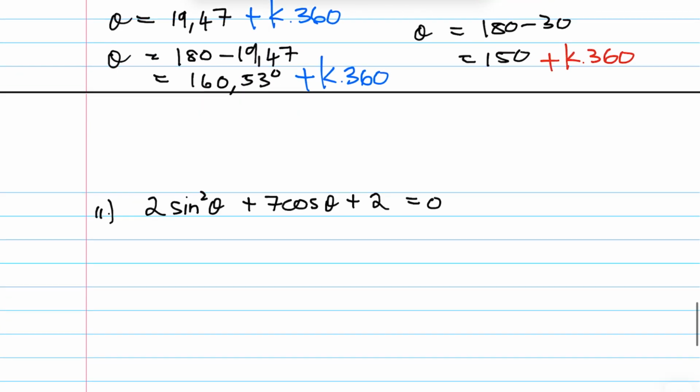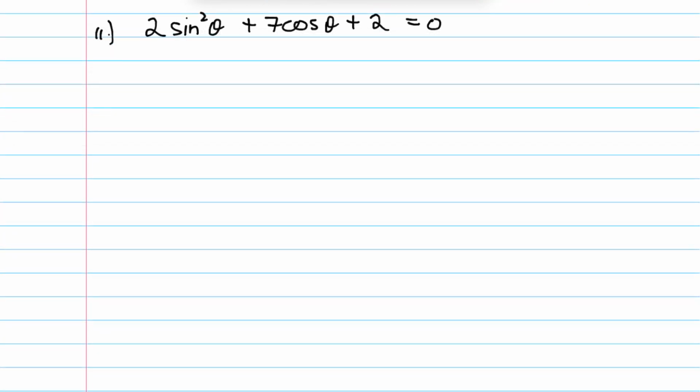Cool, done. For question number 11, we have a quadratic trigonometric equation, but we have different functions. The sine squared theta is, well, that's a sine, and then we have the cos theta. And to convert them into the same function, we have to make use of the identity that sine squared theta plus cos squared theta is equal to 1.